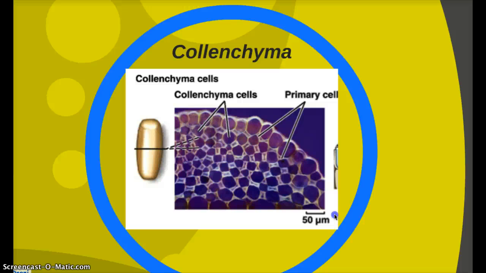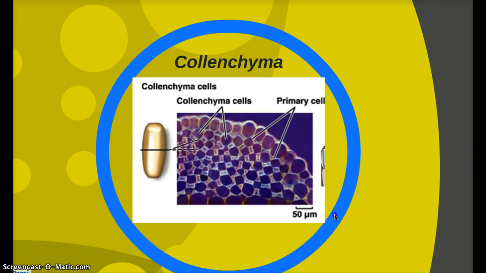And how I remember collenchyma cells is because of celery. Celery you can kind of bend and twist and be kind of malleable. But it also has a thickness to it, a protection. And so collenchyma, celery. That's how I got it.